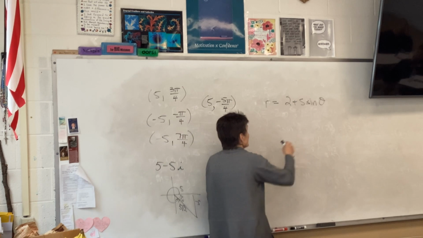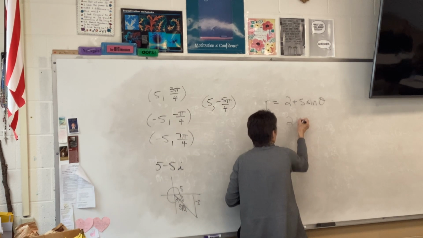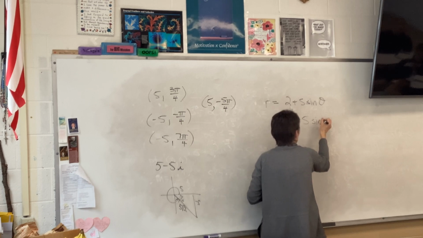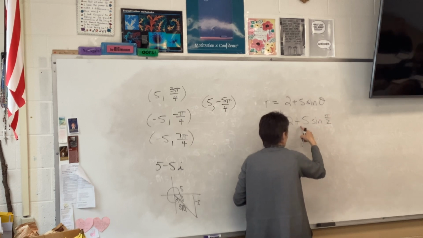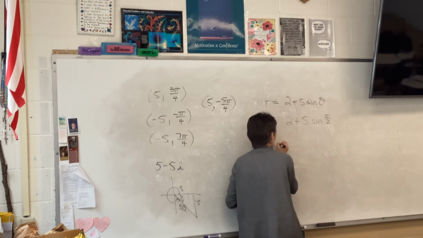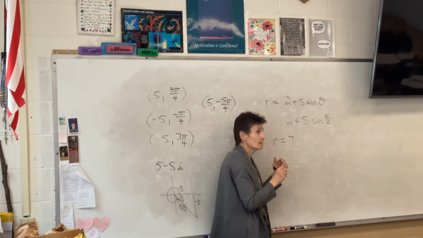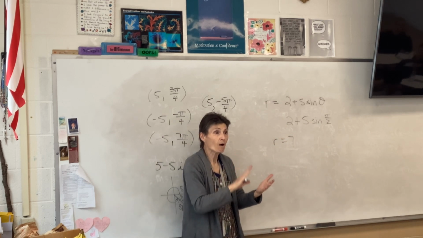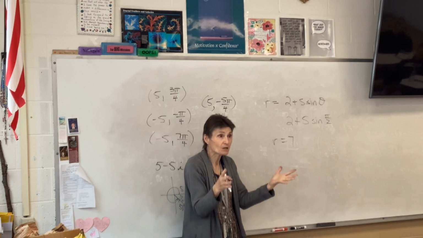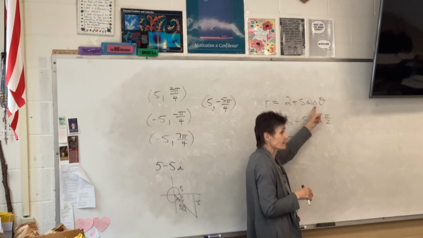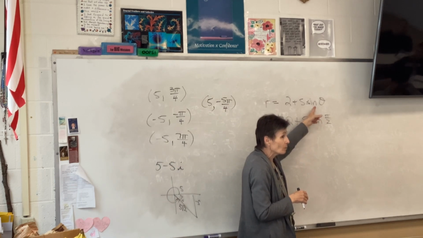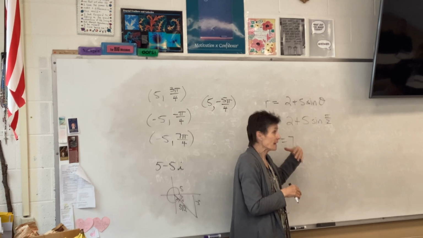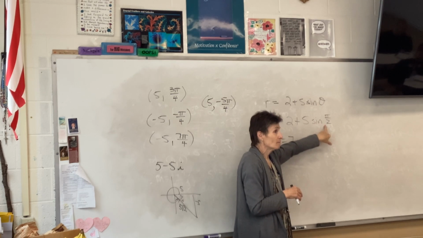Pi over 2. So if we put in a pi over 2 there, this would be 2 plus 5, which is 7. Can this R ever be bigger than 7? No, because this can never be bigger than 1. Where does that happen? It happens at pi over 2.